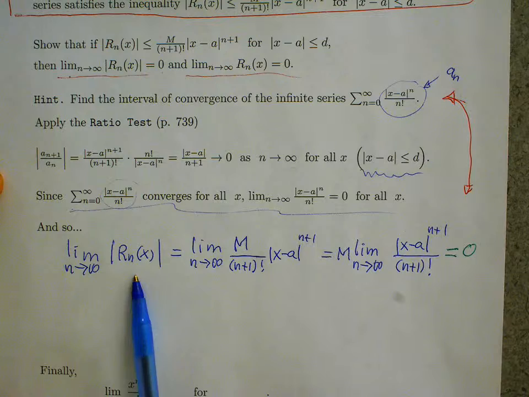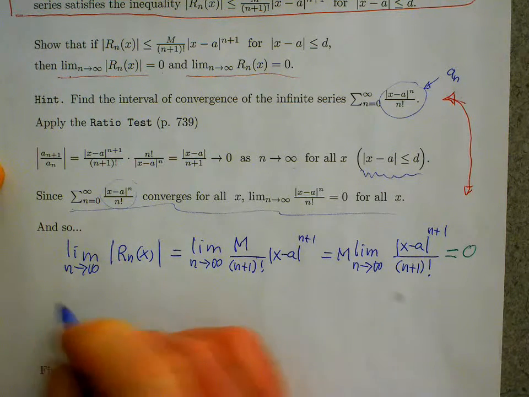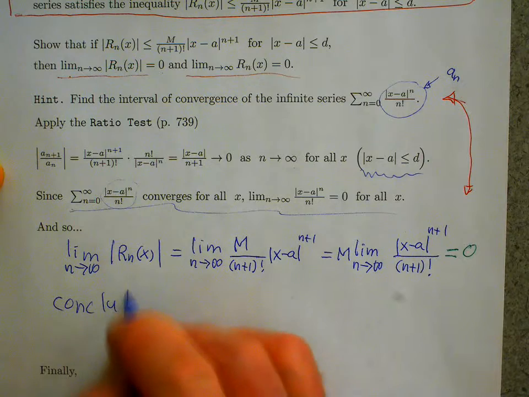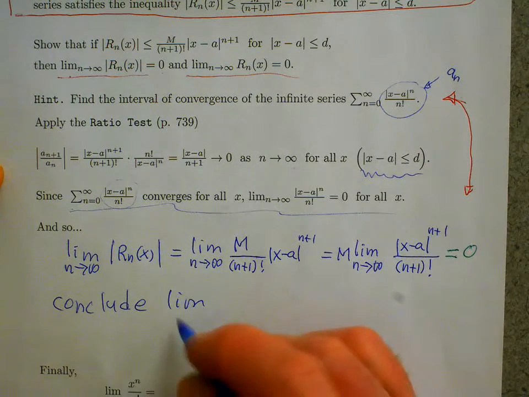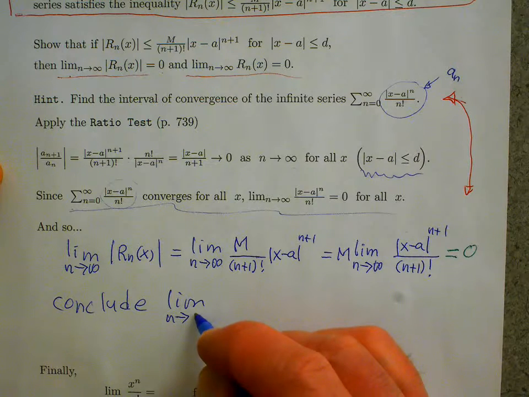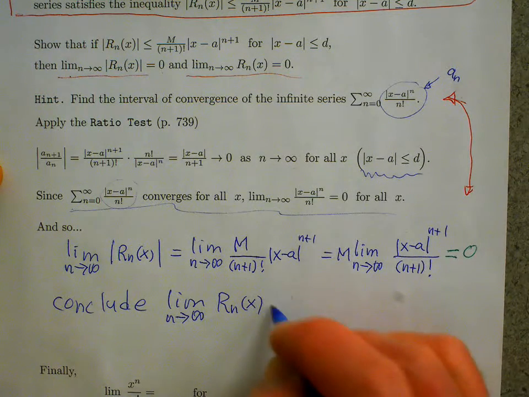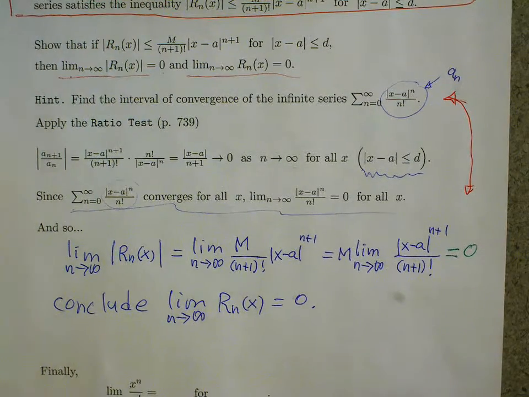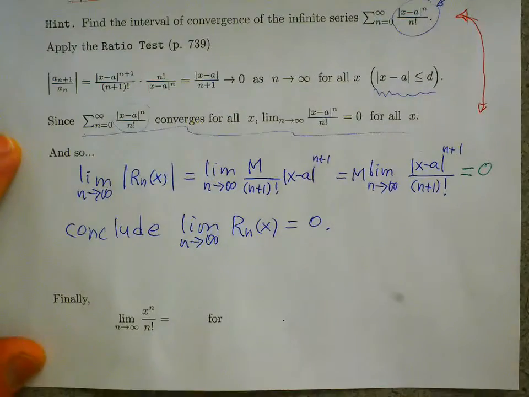Since the limit of the absolute value of r sub n of x is 0, then the limit of the terms themselves is 0. Okay.